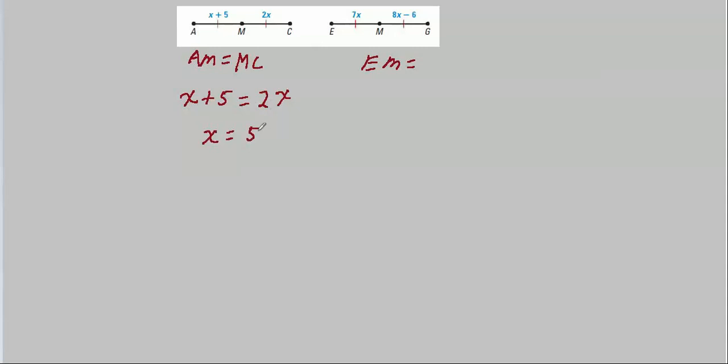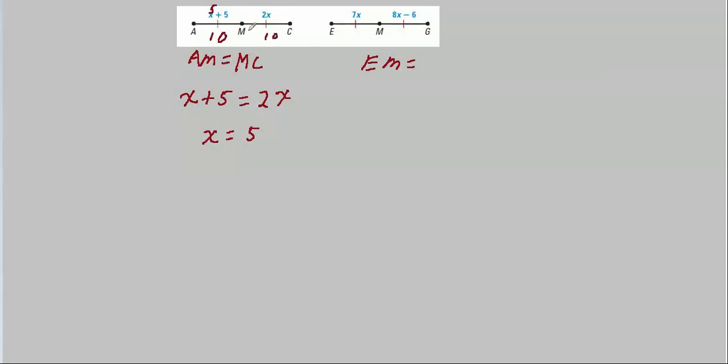Now, if x equals 5, put the 5 up here, and we get 10 for the length here. Now, don't stop there. That's all they asked us for, but we already decided that these two are equal. So if we got this right, this is going to turn out to be length 10 also. If this is 5, 2 times 5 is 10. So we can't stop. We got it right.